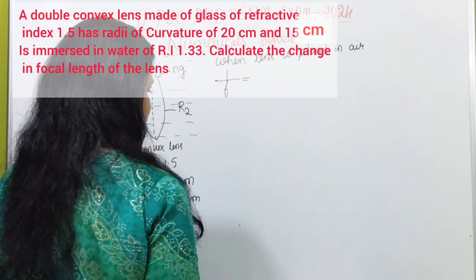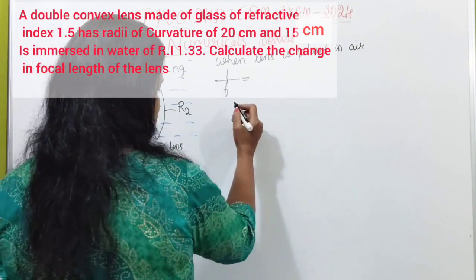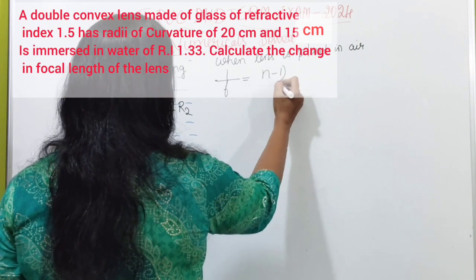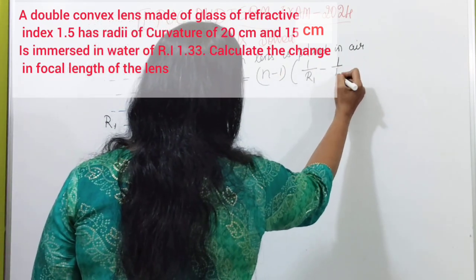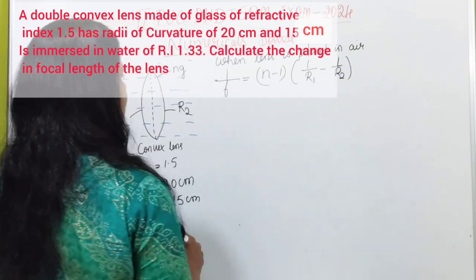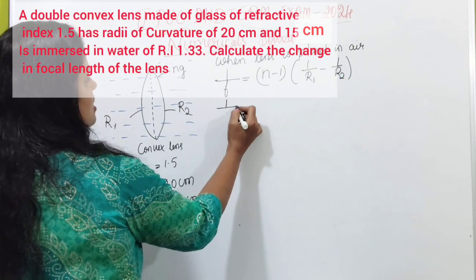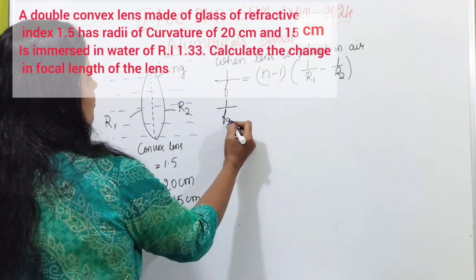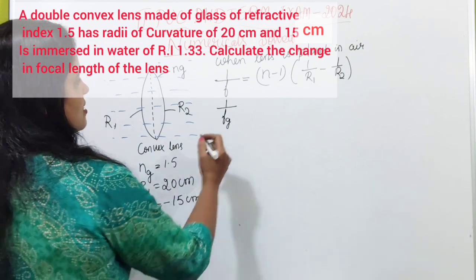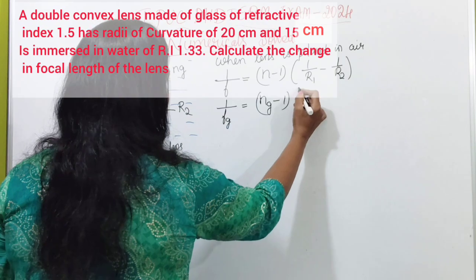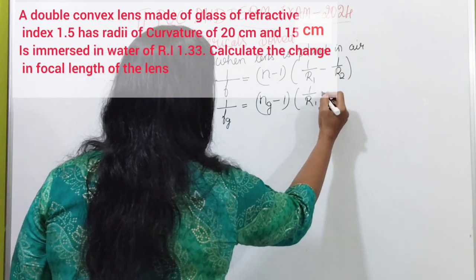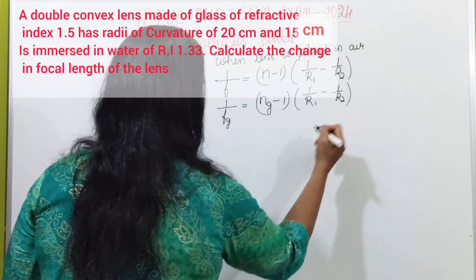Focal length of the glass lens, let us use the lens maker's formula. Let us write FG, G stands for glass lens. It is equal to refractive index of glass minus 1, into 1 by R1 minus 1 by R2.